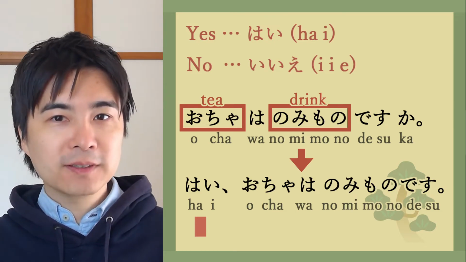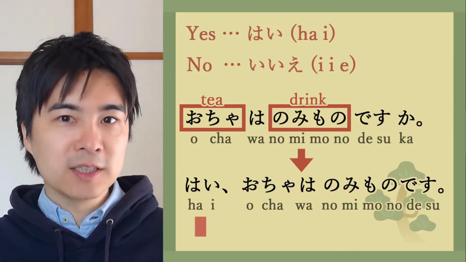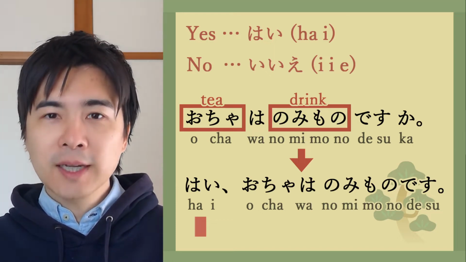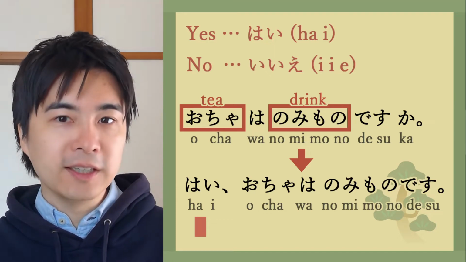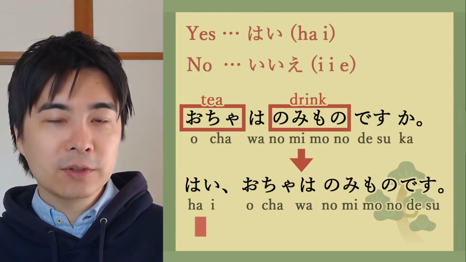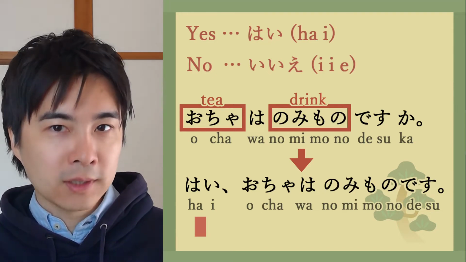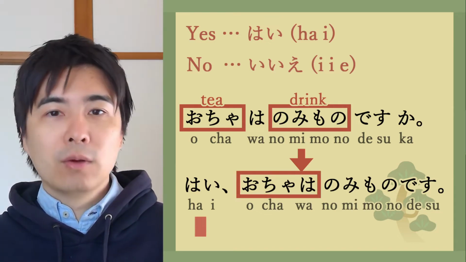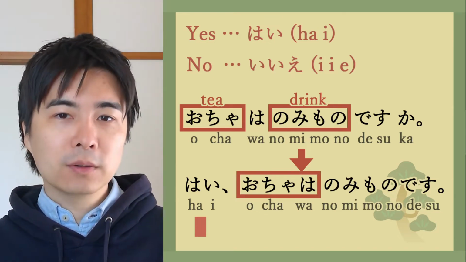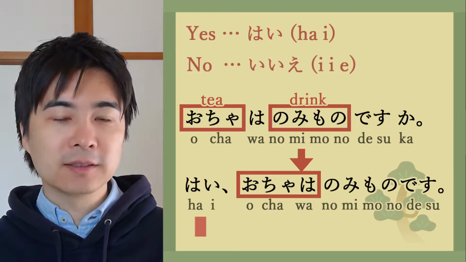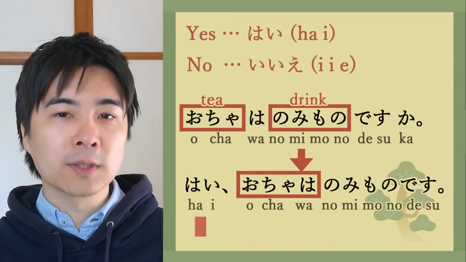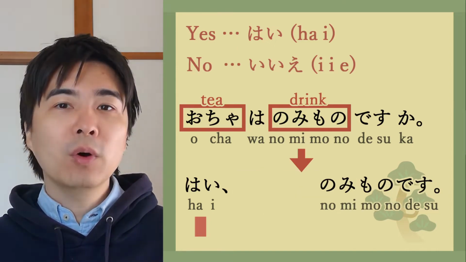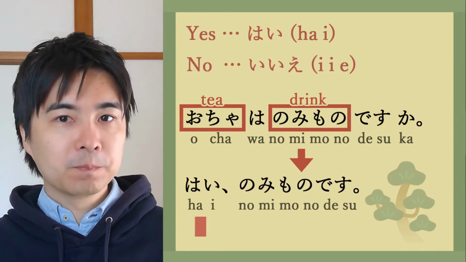Also, please remember the subject is often omitted in Japanese when it's clear. In this case, the question is in regards to tea. So we can assume the answer is also about tea. Then we don't need to say お茶は when we answer the question because it's clear that the subject of the answer is お茶. So just saying はい、飲み物です is enough.